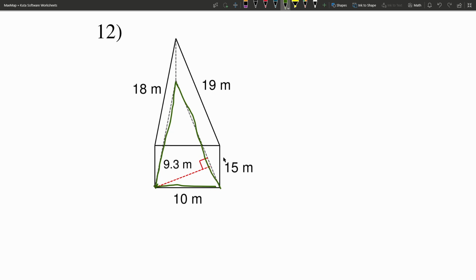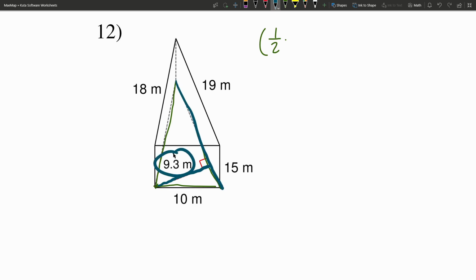Since our base is a triangle, the area of a triangle is 1/2 times the base of our triangle times the height of our triangle, which, remember, as stated before, the height and the base of a triangle are perpendicular. So you can see here is my right angle. So this side and this side identify my base and my height.